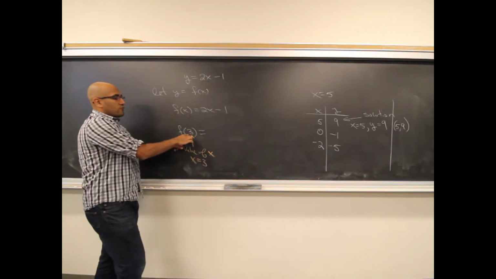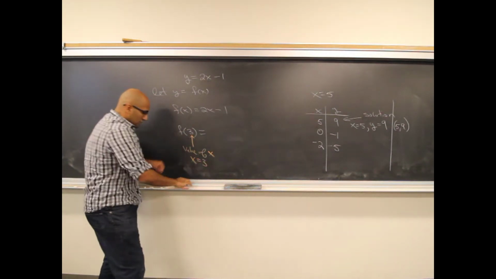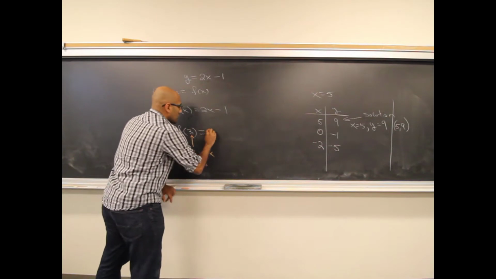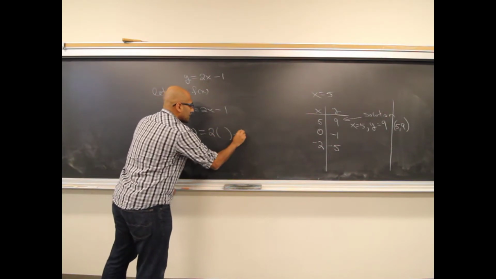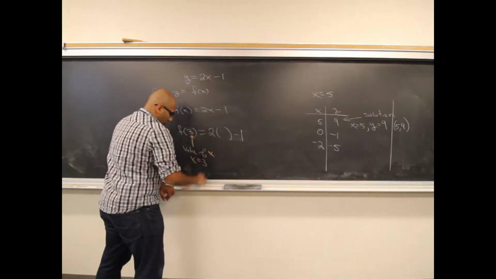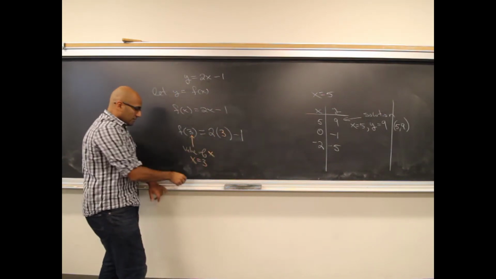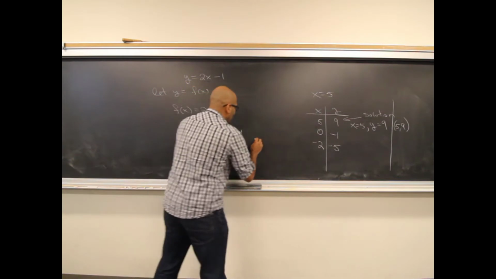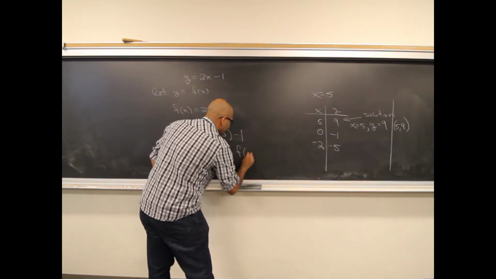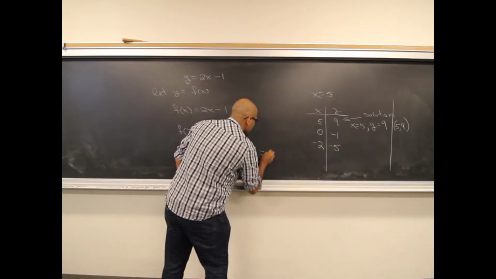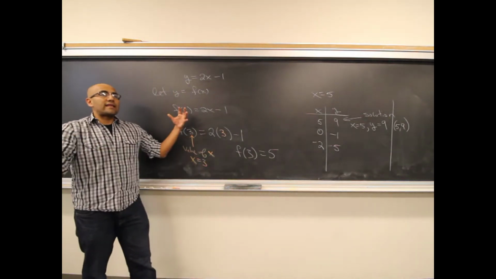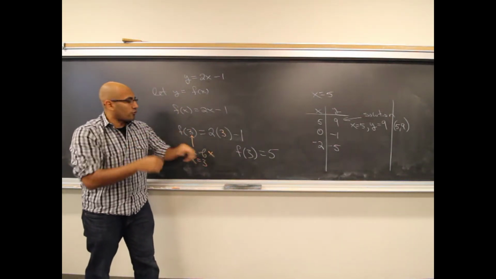That's the definition of what this means. Okay, so we're going to go to our equation, which is 2 blank minus 1. And so we'll put a 3 in here, and we get 6 minus 1 is 5. And so we're able to write down the whole thing as f of 3 equals 5. So that encapsulates the whole thing.